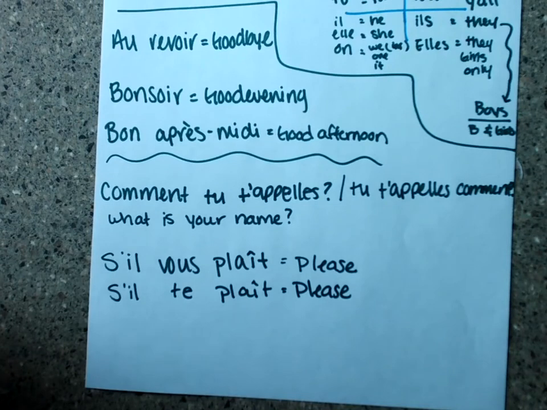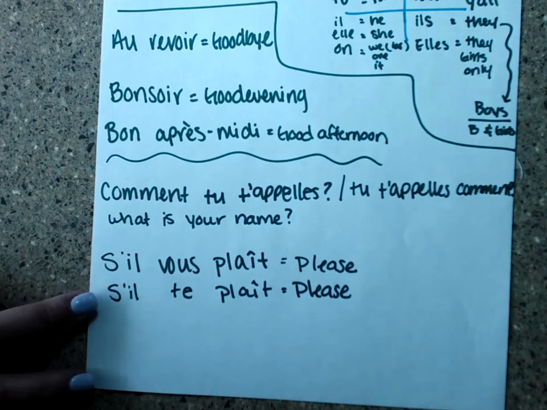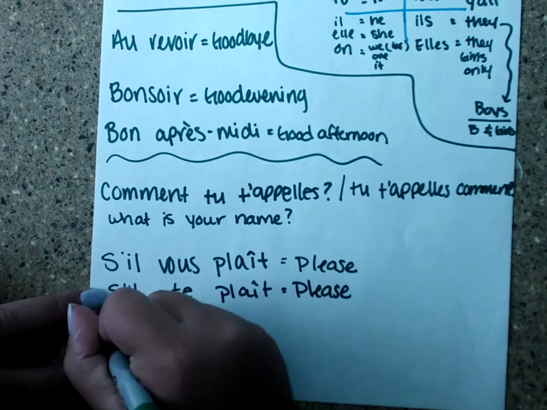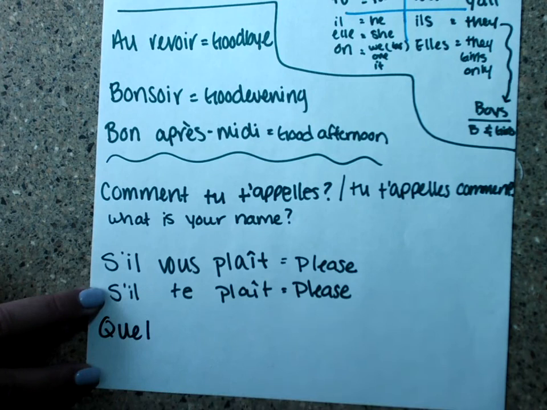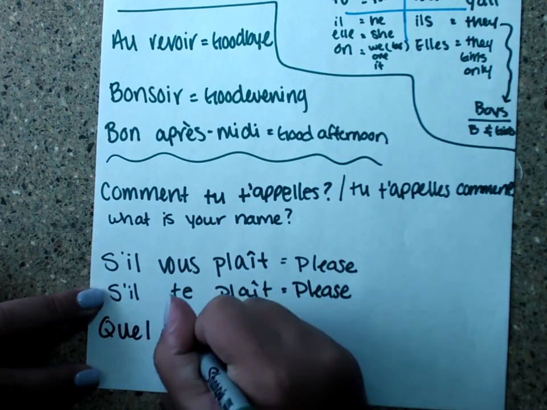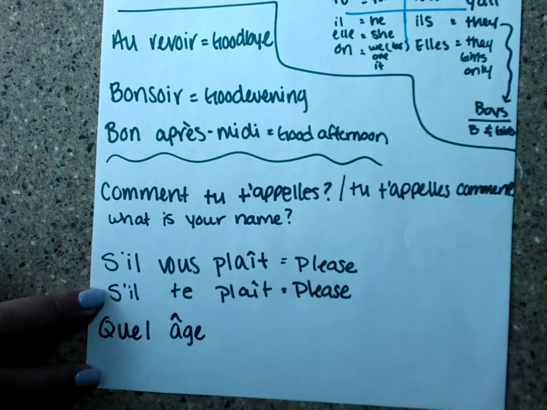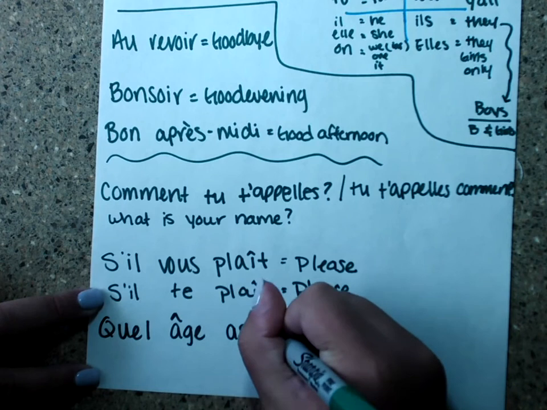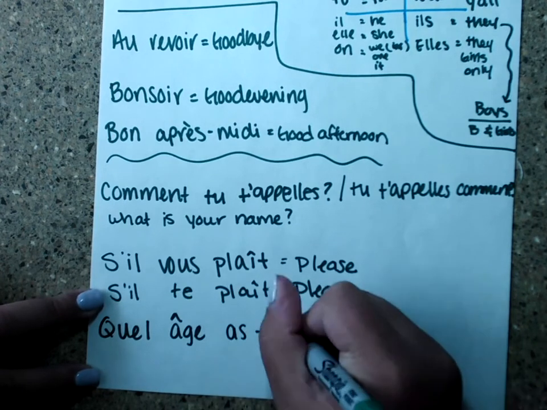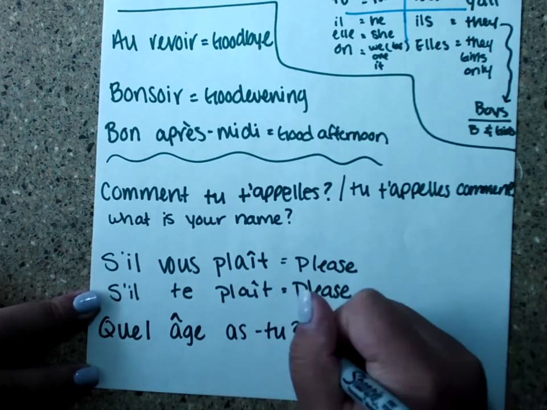Next up is how to ask how old somebody is. So to ask how old somebody is, we have quel âge as-tu?